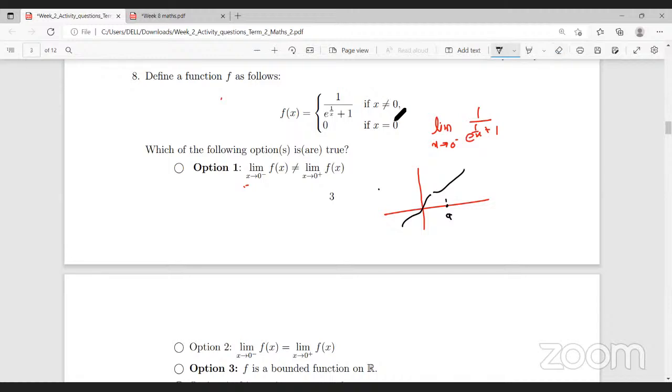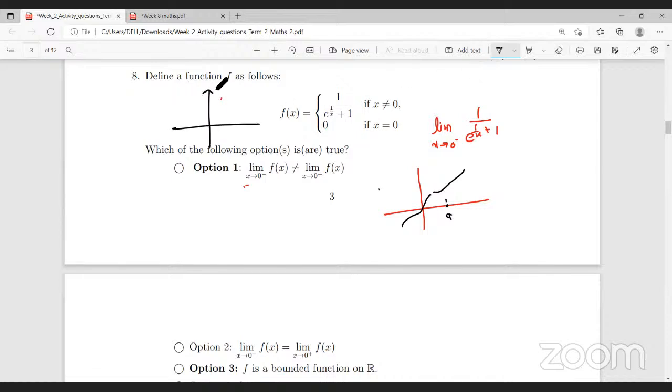Since x is not equal to 0, both will give the same value. So obviously the left hand limit and right hand limit are the same.